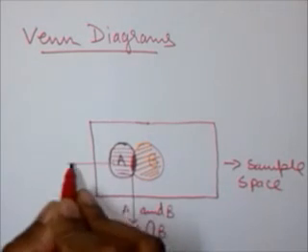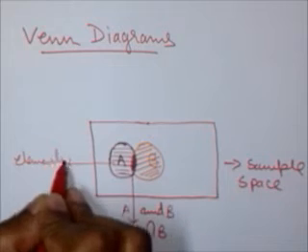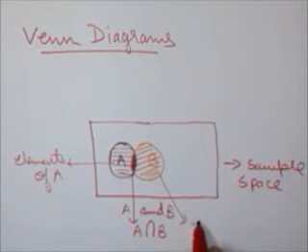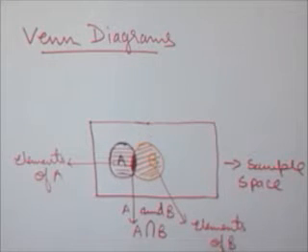Now elements of A, elements of B. Now what is the left out area?